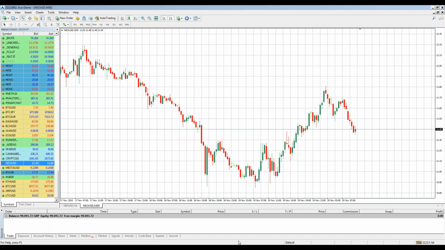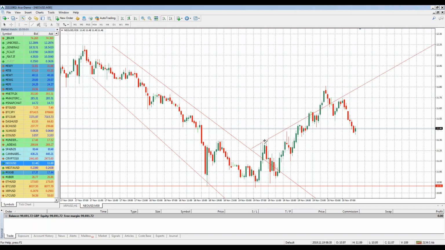Okay, so don't we see the same thing? Look at this. Negative sentiment, negative movement, downtrend. We see the downtrend ended. We see higher high points come in and higher low points.